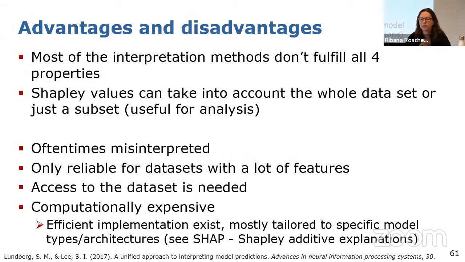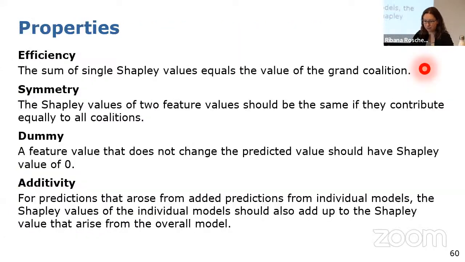And just to give you some advantages and disadvantages so that you can get an impression on if you should use it or not. As I said, most of the interpretation methods don't fulfill all 4 properties. And the Shapley values can take into account the whole data set or just a subset. This is useful for analysis.